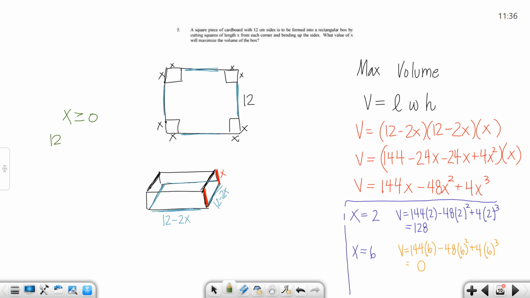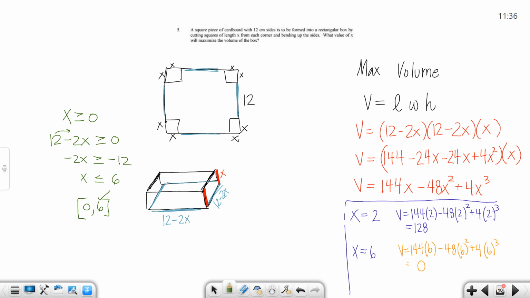I also know that 12 minus 2x, that's my other side, that's a distance, so that has to be positive. So negative 2x is greater than or equal to negative 12. If I divide both sides by negative 2, I get 6, and I had to flip my sign. So it told me that x had to be between 0 and 6.